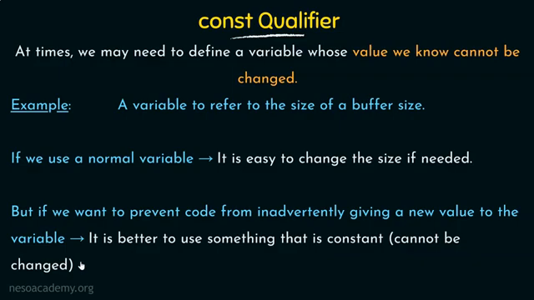In case we never want to change that variable, we want it to remain constant, and we don't even want our code to accidentally give it a new value ever, it is always better to use the const qualifier. This const qualifier will make a variable constant and we will never be able to change it. So that's what we mean.